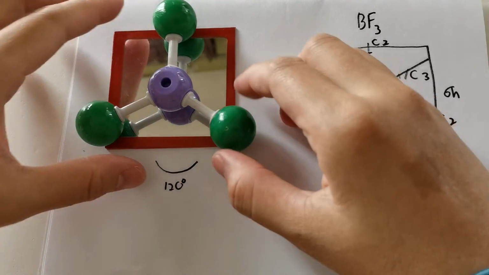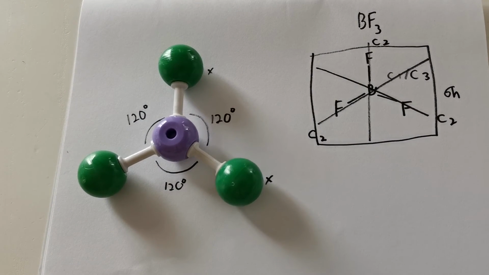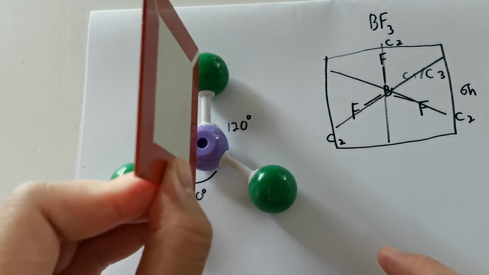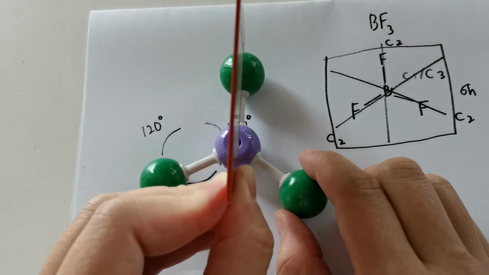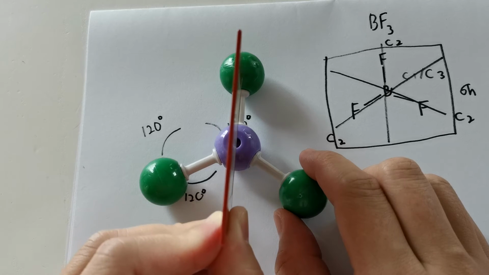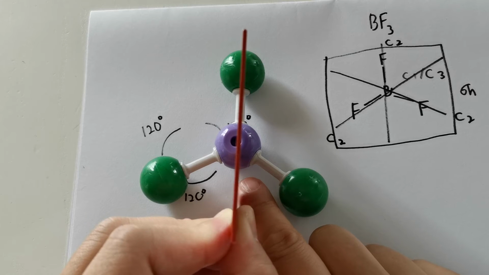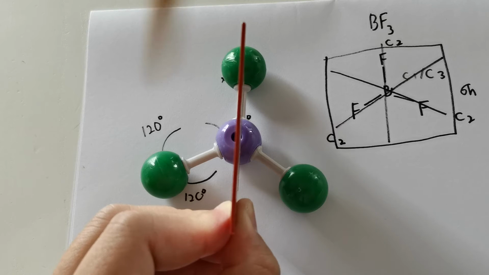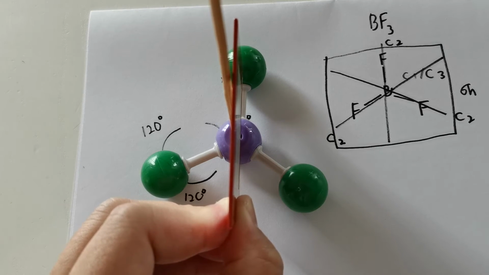This molecule can also have another plane, which cuts through the BF bond. Just imagine the plane cutting through the BF bond and also through the 120 degree angle here. This kind of plane is parallel with the main axis, so it is known as a vertical plane.